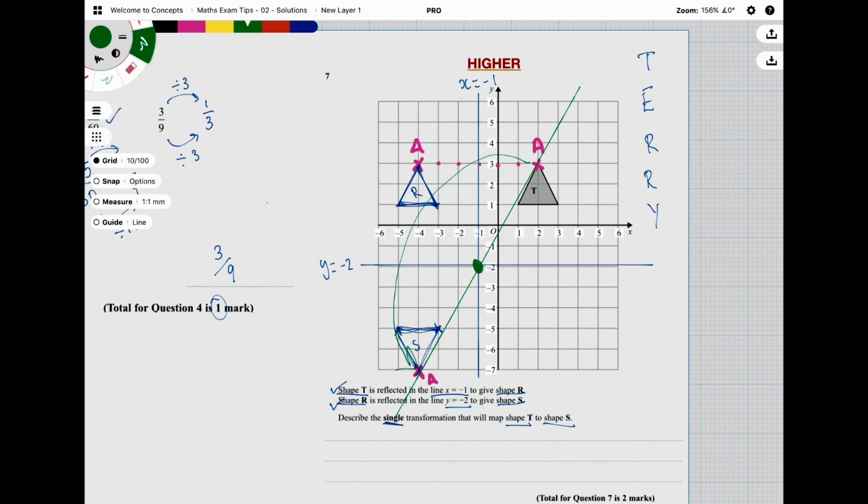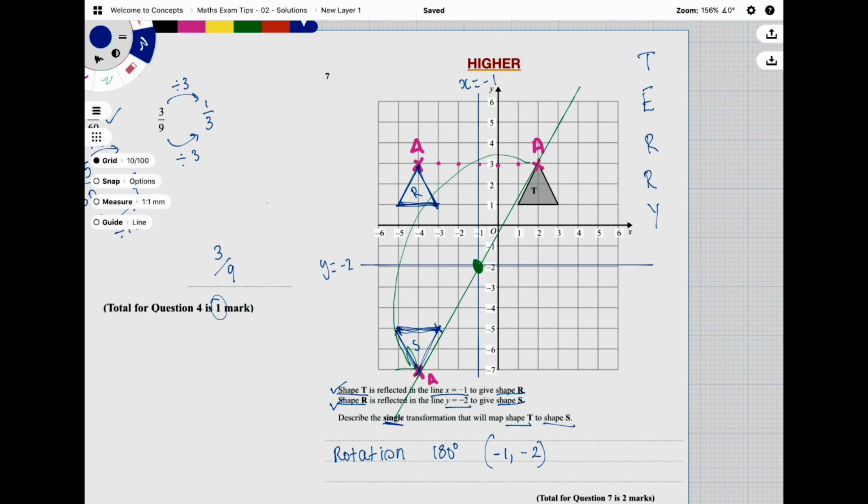So the answer, let me get my blue pen: rotation, 180 degrees. Remember, you don't need to mention if it's clockwise or anti-clockwise, and the point is at -1, -2. For 2 marks, didn't we spend a lot of time doing that, but in the exam you've got to think quick and fast.